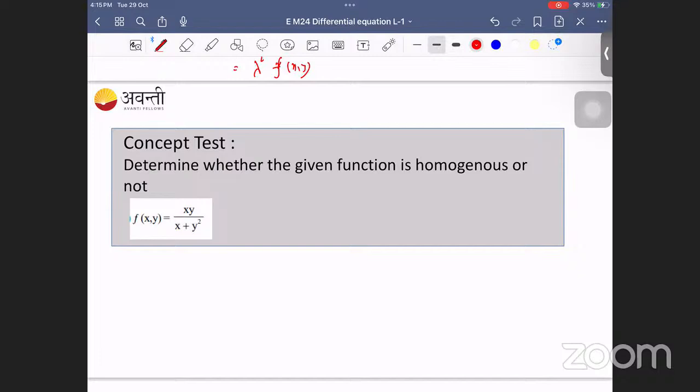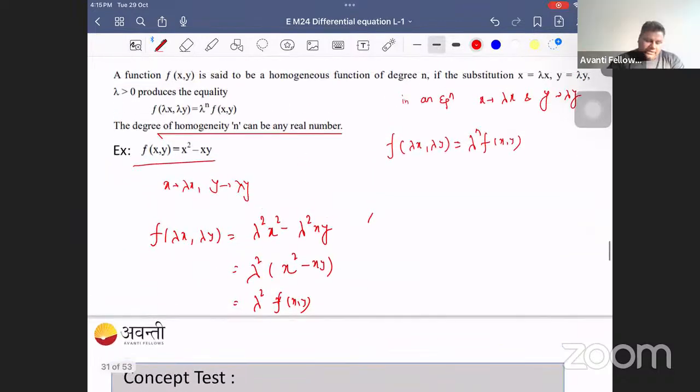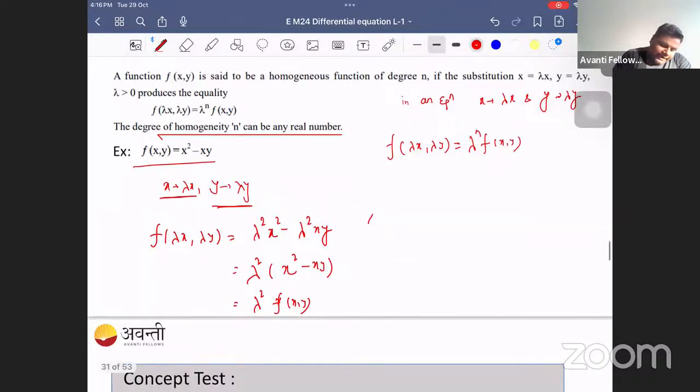Sir, can you explain one more time what is homogeneous? Homogeneous is like if you replace x by lambda x and you replace y by lambda y, got it? Then you get something like this: f of lambda x, lambda y is lambda to the power n f of xy. Correct?